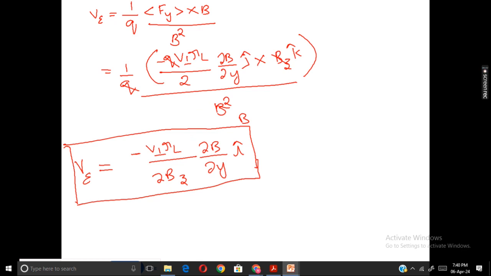Because of the inhomogeneous magnetic field, there will be a change in the radius of gyration of the particle as it moves along the y direction, and this will lead to a drift velocity. So the magnitude of the drift velocity is given by minus v perpendicular RL by 2Bz into ∂B/∂y, which is basically acting along the i direction.